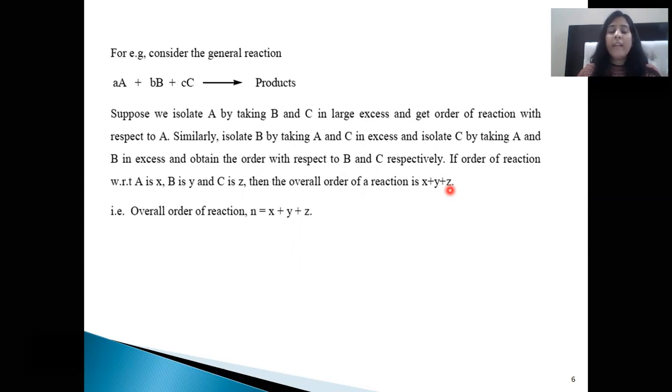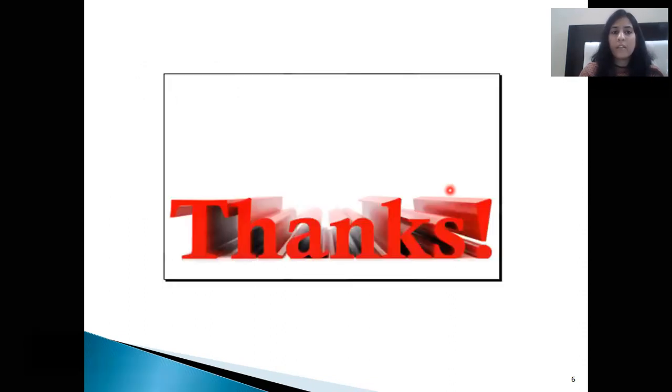We repeat this process one by one for all the reactants and then we find the overall order by taking the sum of all these orders. So this is all about the isolation method. Thanks.